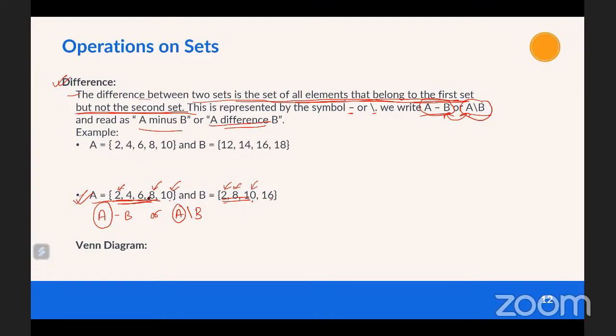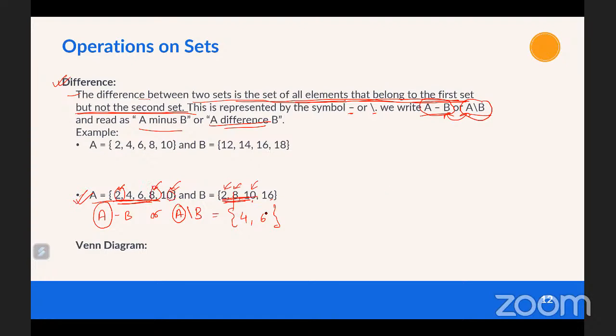So these elements 2, 8, and 10 will not be there in the set A difference B or A minus B. So we'll write the elements of A which are not in B. So it will contain 4 and 6, right? 4 and 6. We will not write the elements 2, 8, and 10 because they are there in the set B.